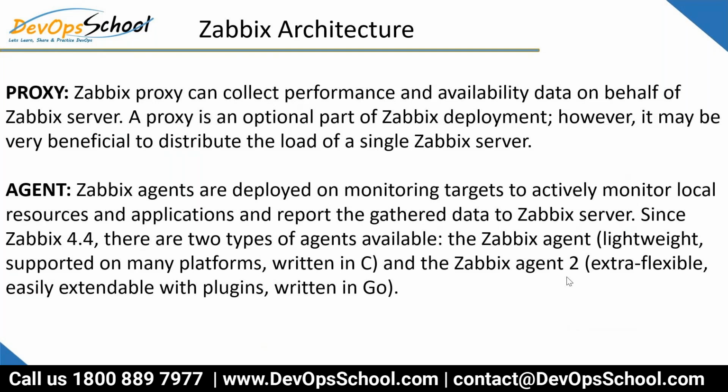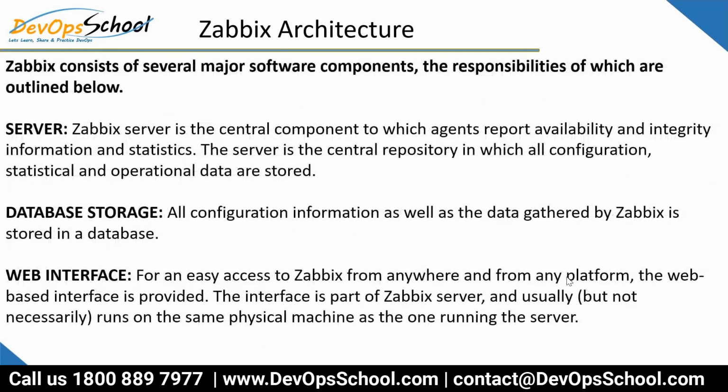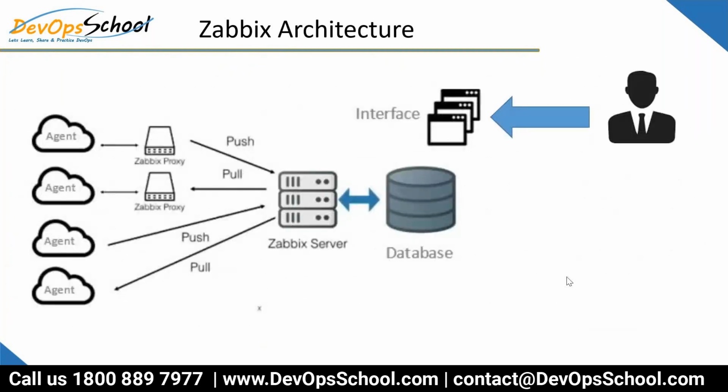So these are the five components you need to remember. Though for HA all these components would run on separate servers, for learning we will set up most of the components on one server just to get started. Look at this area here. This is you, and you connect to the interface, the interface of the Zabbix server and database.